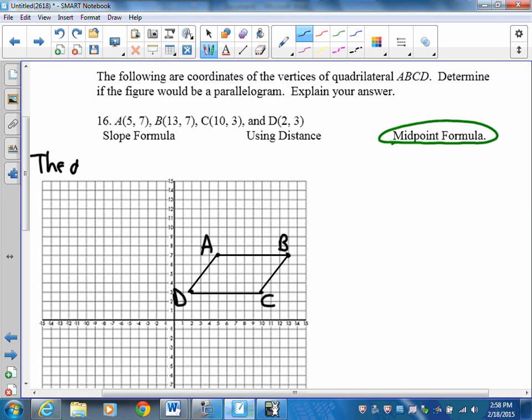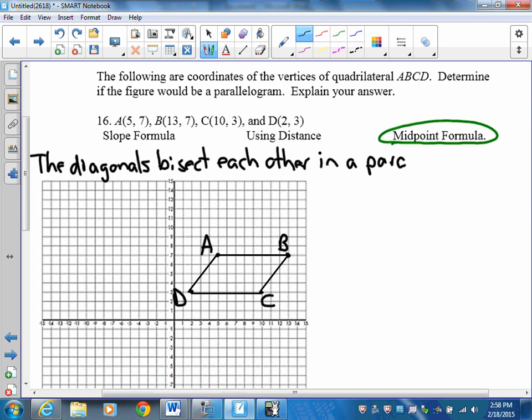The diagonals bisect each other in a parallelogram. So that would mean whenever I have the diagonal AC and the diagonal DB, they better intersect in the same point.